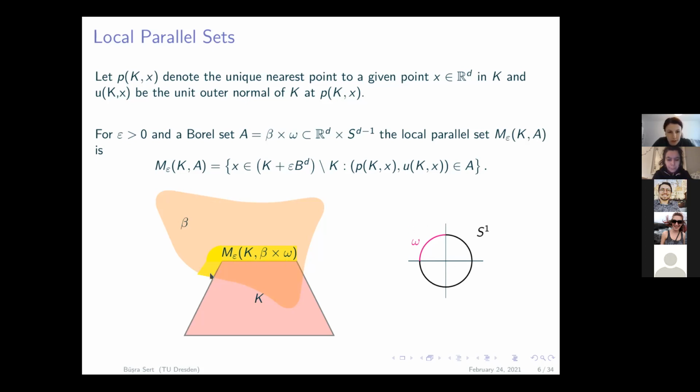So here only this yellow area gives us the local parallel set for A being beta times omega. And when we change A, of course, the set we consider changes.